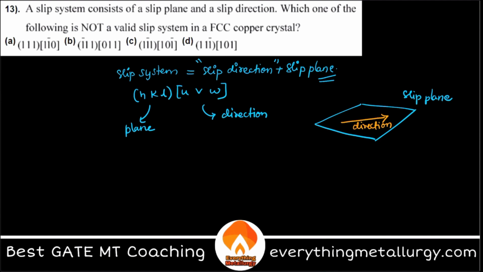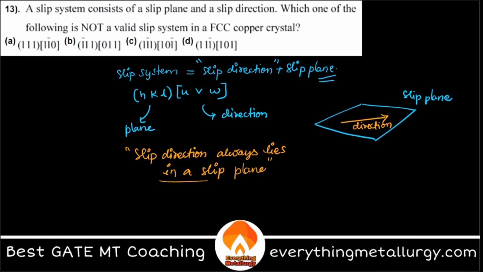That means you can easily say that the slip direction always lies in the slip plane. We know the condition for this. If a direction is lying in a plane, the dot product between the two is 0, so hu plus kv plus lw must be equal to 0.